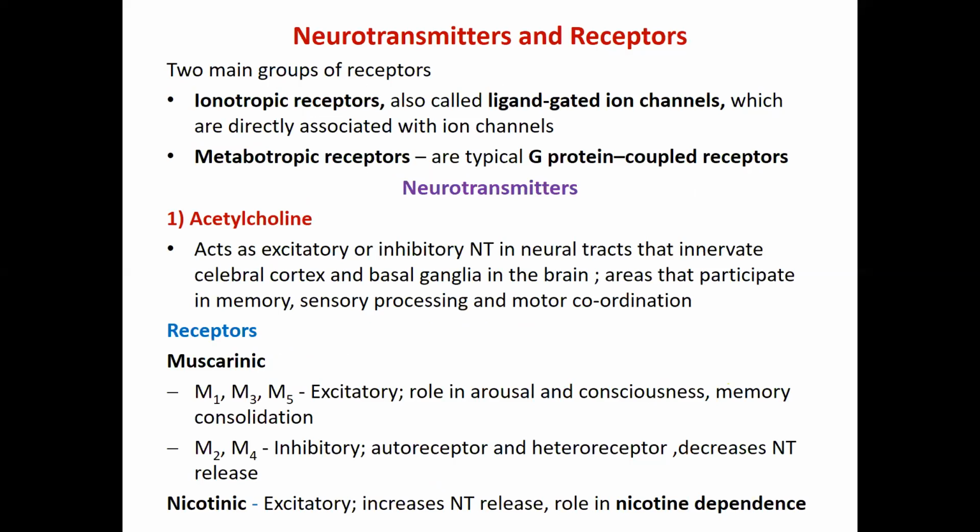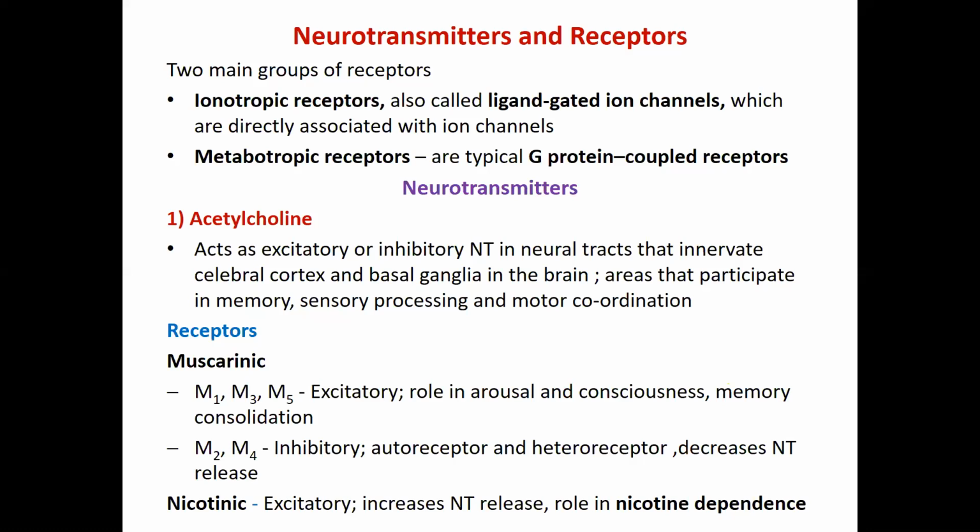Now, in terms of neurotransmitters, I want you to again revise and understand the main difference between ionotropic receptors, which are ligand-gated channels, and metabotropic receptors.